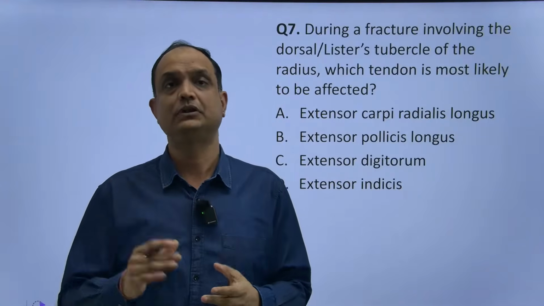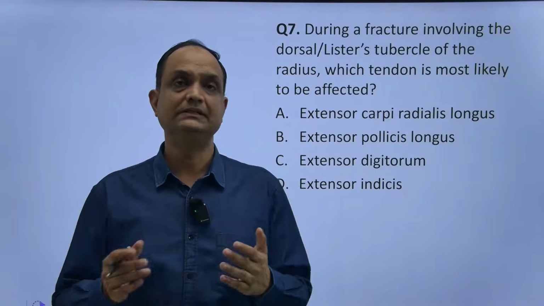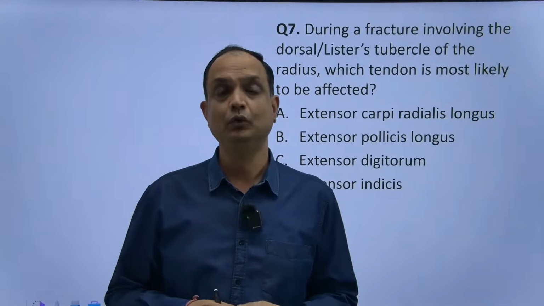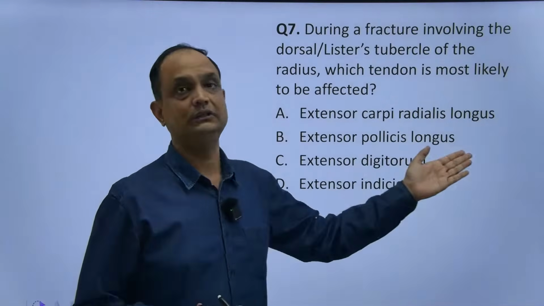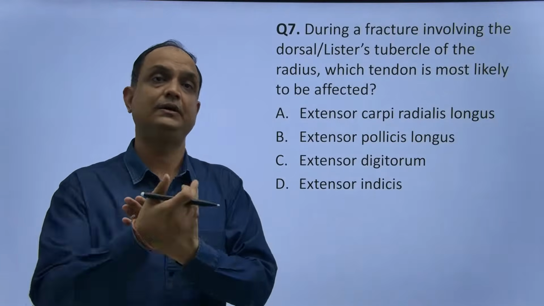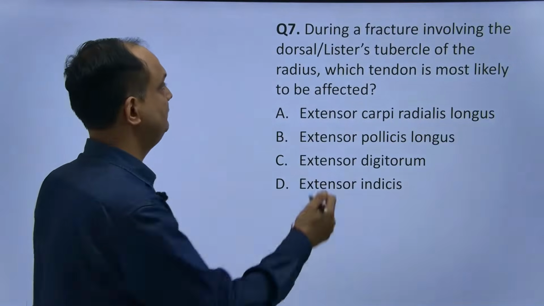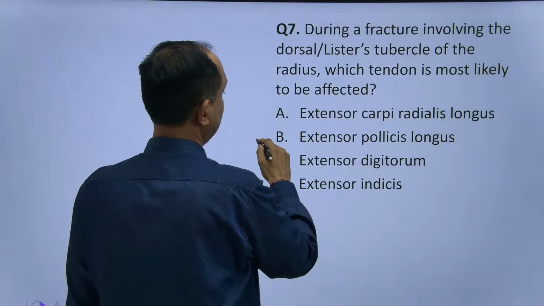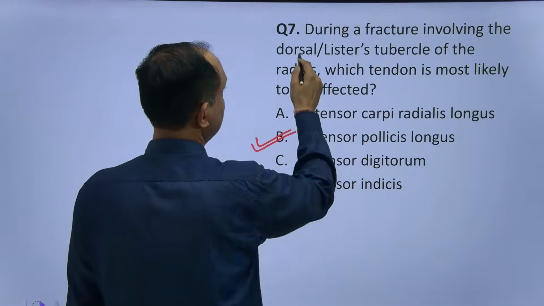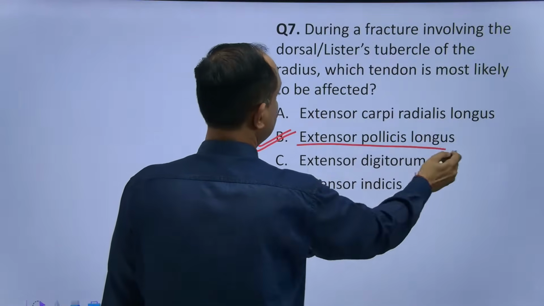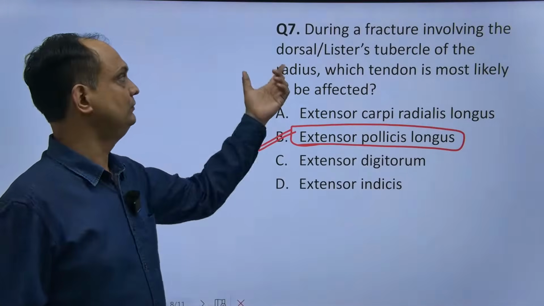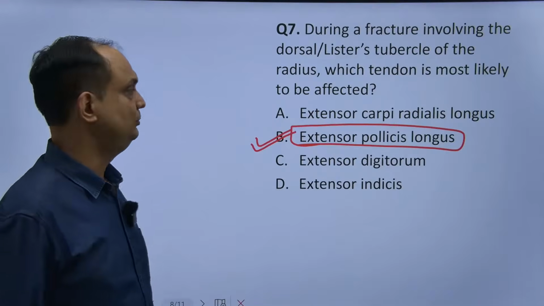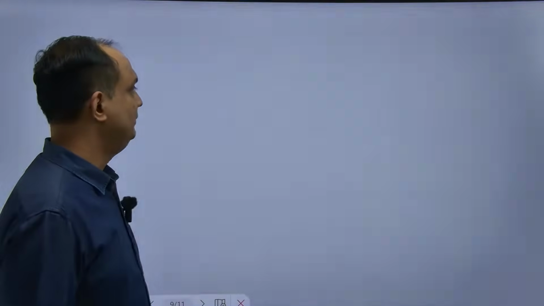Just next to the dorsal tubercle on the medial side you will have a very prominent groove, and in that groove is the tendon known as extensor pollicis longus, which changes direction and approaches toward the thumb. So whenever there is an injury to the dorsal tubercle of Lister, this tubercle is actually providing the pulley-like action for this muscle. So this muscle is going to be affected because of the injury to the dorsal tubercle of Lister. Now we'll move to the next question.